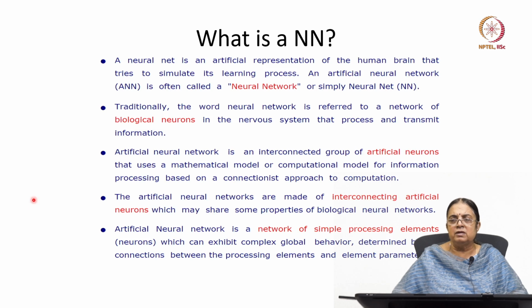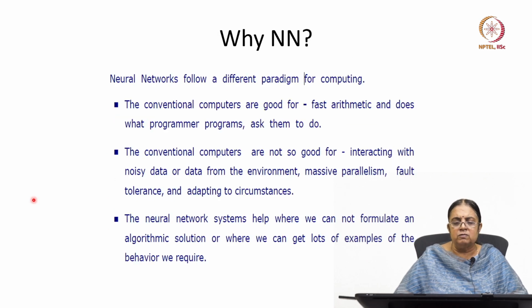And all the other nodes or layers, as you call them, which are there in the network, are the hidden layers which are there in between. Okay, so it's a network of simple processing elements which can exhibit quite complex global behavior. Okay, so let us see how actually you're doing this.